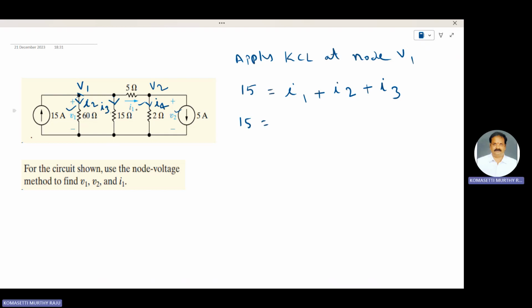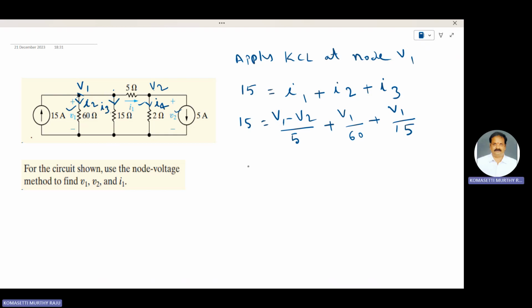I1 is equal to (V1 minus V2) by 5 ohms. I2 is equal to V1 by 60. I3 is equal to V1 by 15.